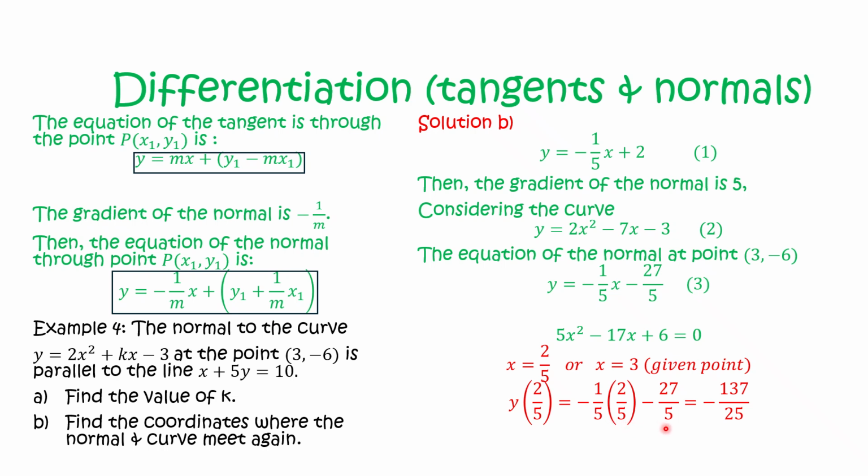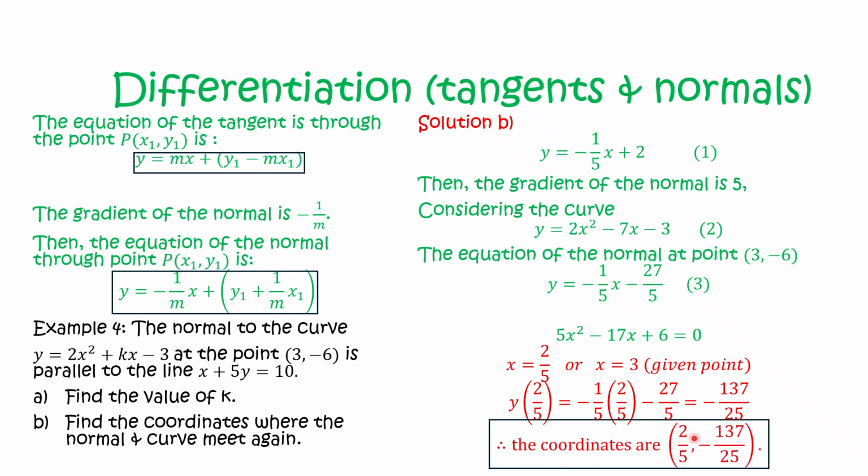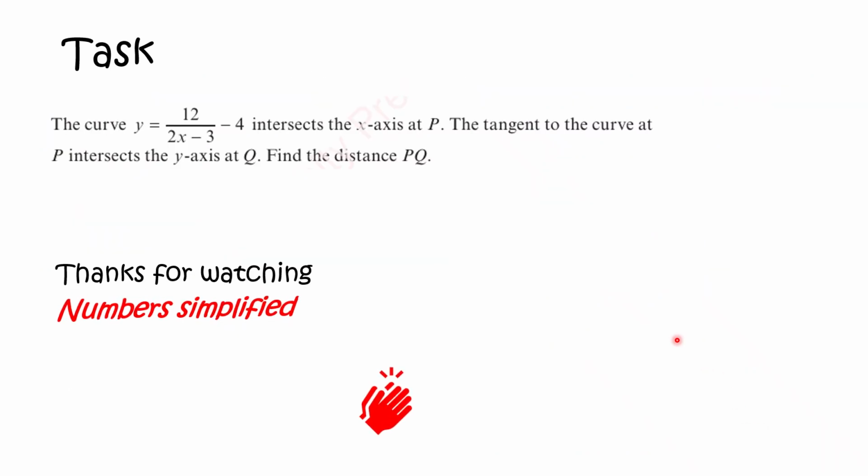Substituting x = 2/5, at the end of the day, my y is -137/25. Therefore, the coordinates are (2/5, -137/25).